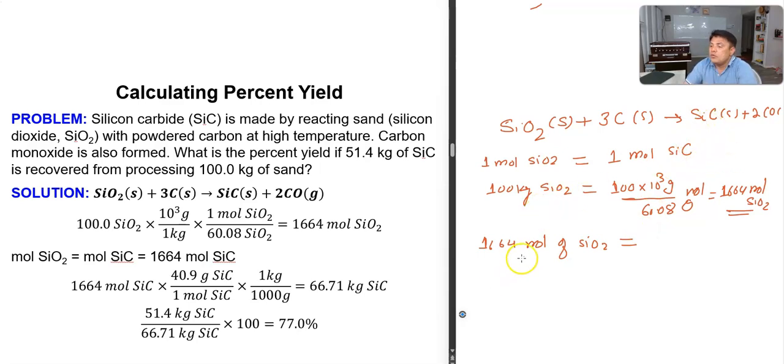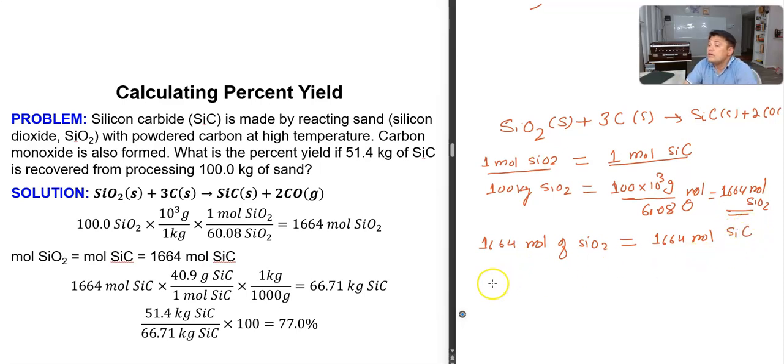If all of them used. Okay, but here carbon is used. So that is equal to, because 1 mole of SiO2 equals 1 mole of silicon carbide, right? That's why how much mole? So 1664 mole of silicon carbide.